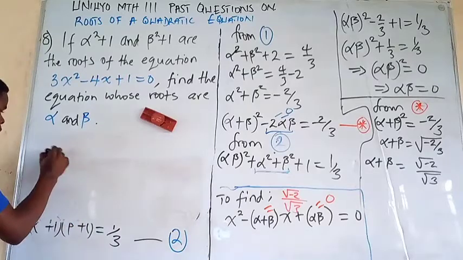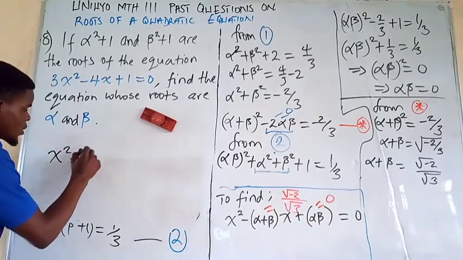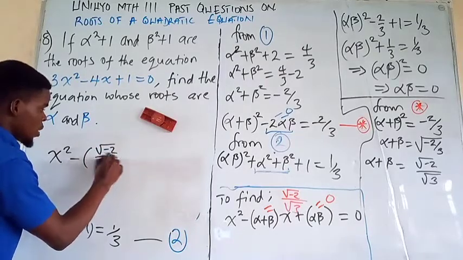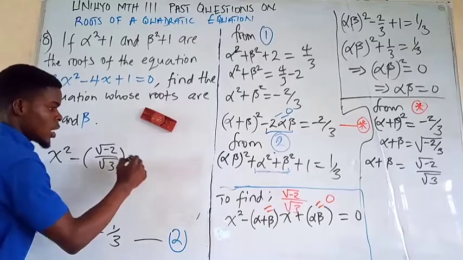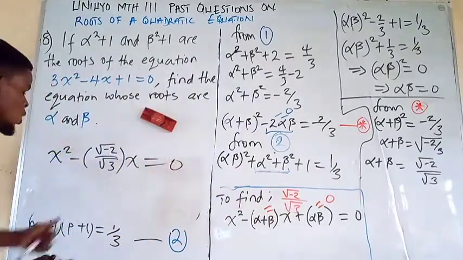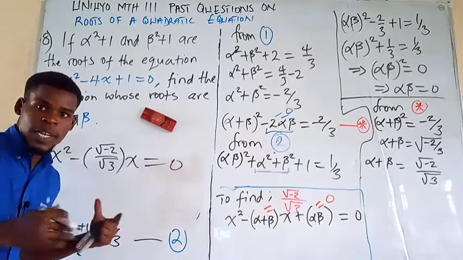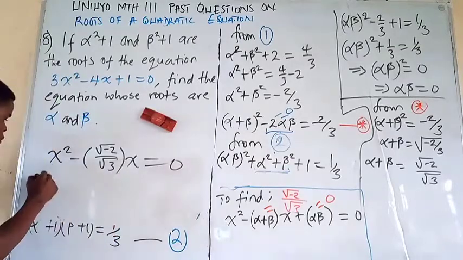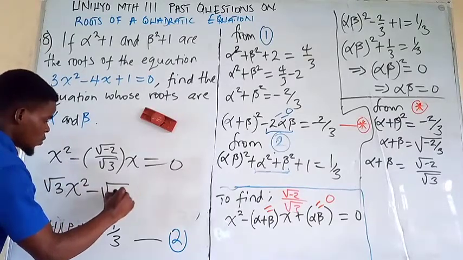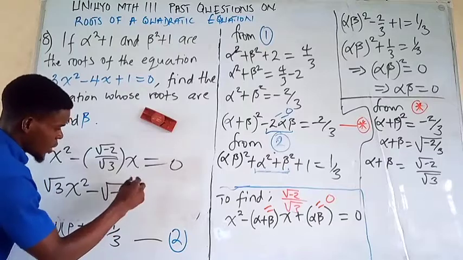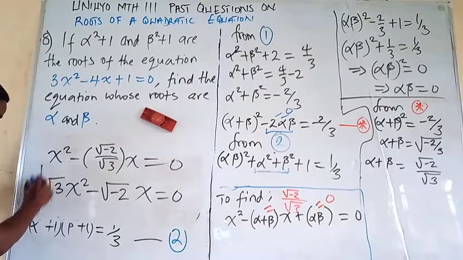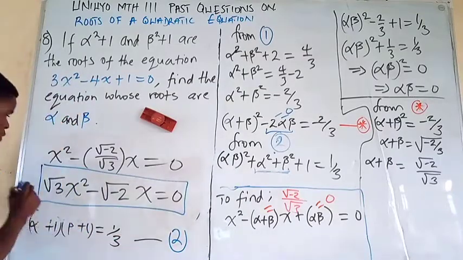Now we are going to have x squared minus alpha plus beta, which is now square root of negative 2 over square root of 3, x plus alpha times beta is 0, so there is no point if this is just equal to 0. Well, since this is a fraction, I'll just like to multiply square root of 3 throughout the equation. We're going to have square root of 3 x squared minus square root of negative 2 x. Alright? The x is not under the square root sign. This is equal to 0. And this right here is the required equation.